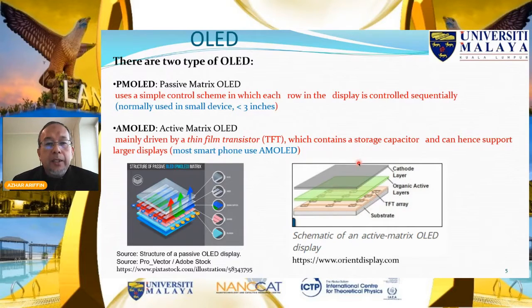This is a simple schematic diagram showing the difference between PM OLED and AMOLED. On the left hand side is the schematic diagram for the passive matrix OLED and how it works, and on the right hand side is an example of the active matrix OLED. For those who want to know in detail, this is how your digital display is made and how it works.